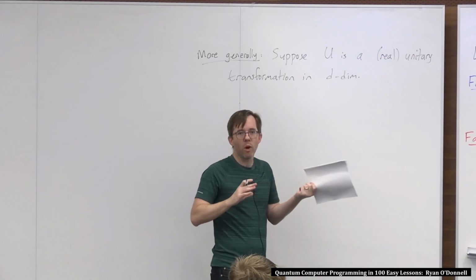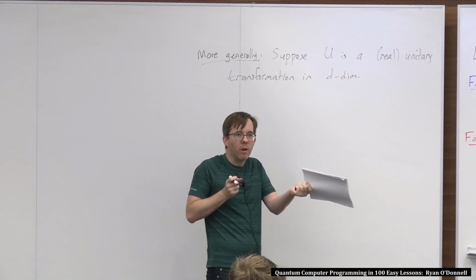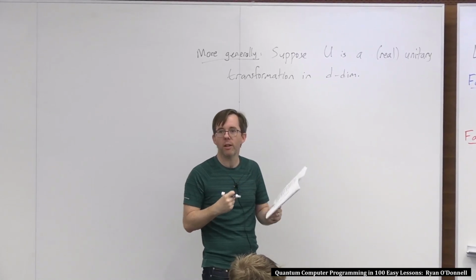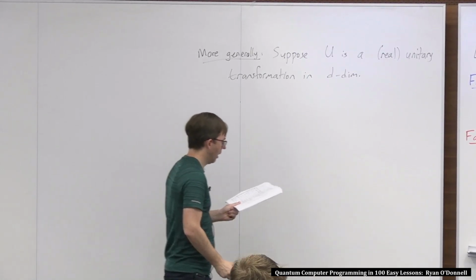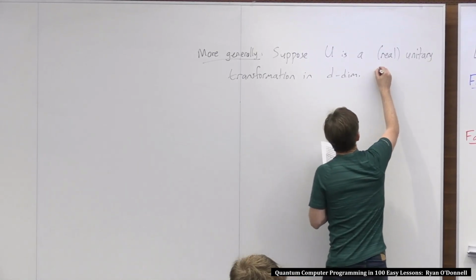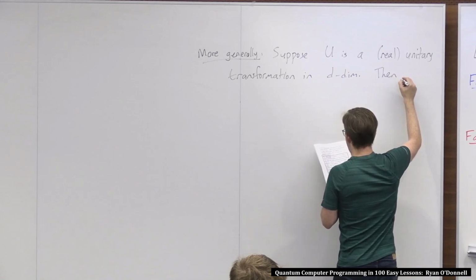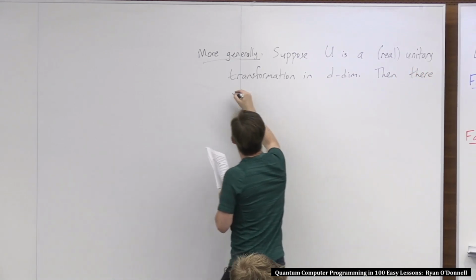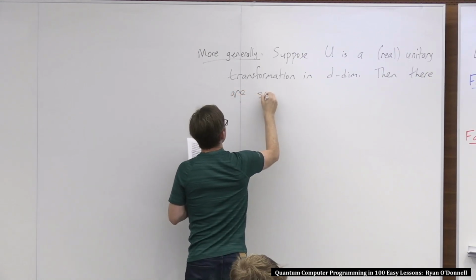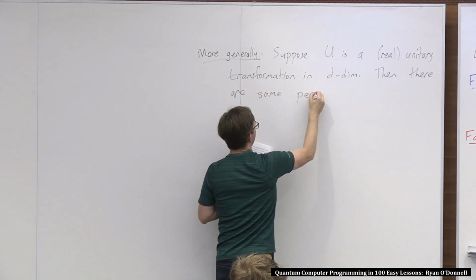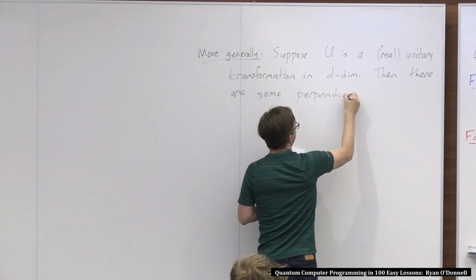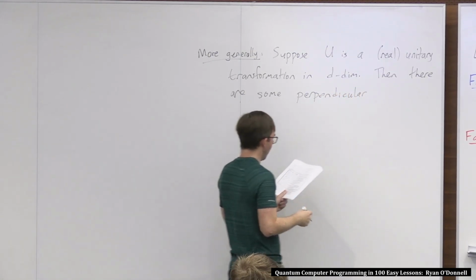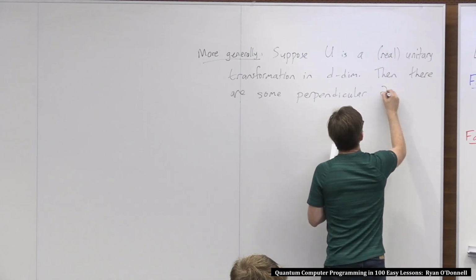Then basically the short form is it's equal to a bunch of 2D rotations in planes that are perpendicular to each other. So then there are some, in fact they're unique, some perpendicular to each other. This is hard to visualize because we can't really have perpendicular 2D planes in real life, but you can have them as soon as you get to 4 dimensions.